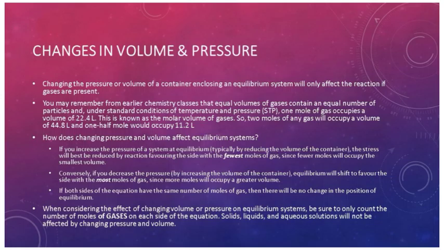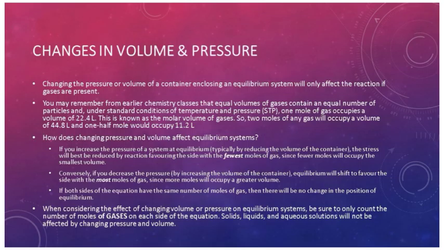This is known as the molar volume of gas. So 2 moles of any gas will occupy a volume of 44.8 liters, and half a mole will occupy 11.2 liters. How does changing the pressure and volume affect equilibrium systems?